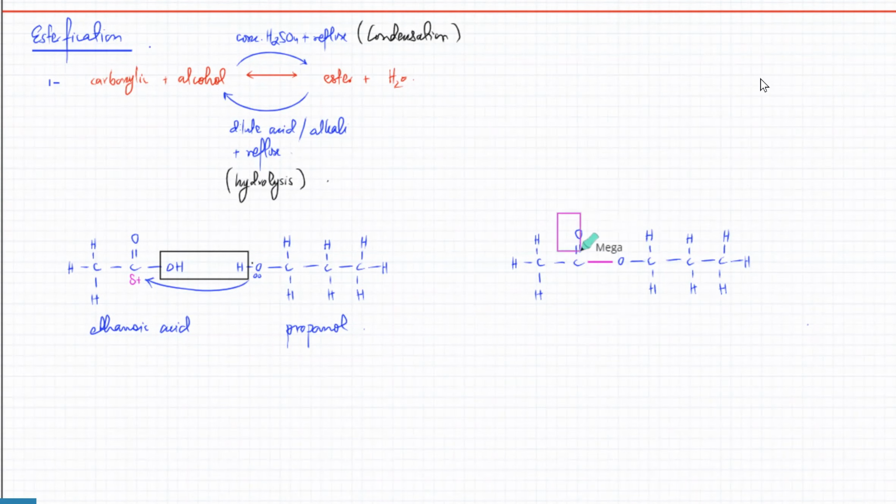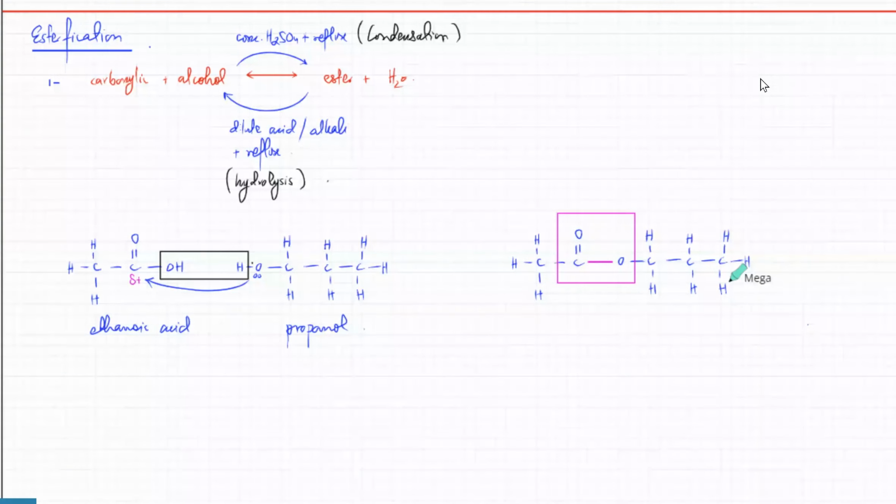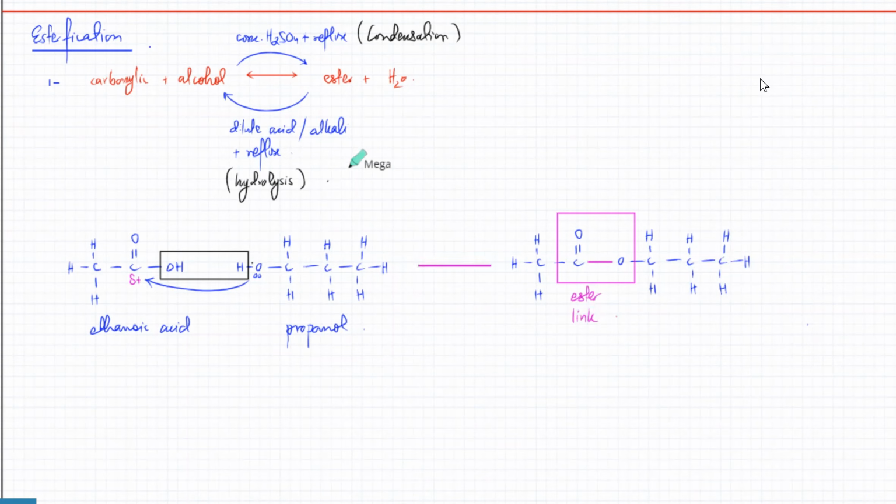This entire thing is known as an ester group. Anyways, that's your total reaction, and that's about it. The conditions are written above: concentrated sulfuric acid and reflux, and a water molecule is going to be produced as a byproduct.